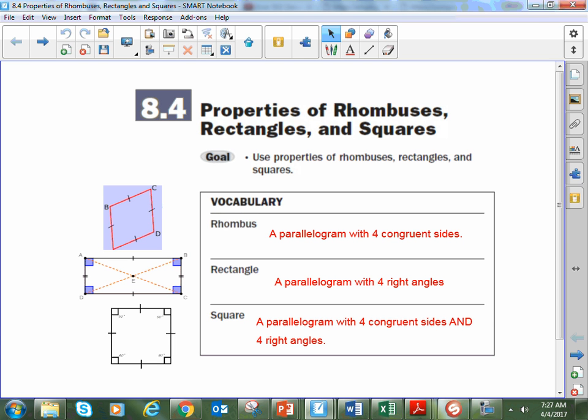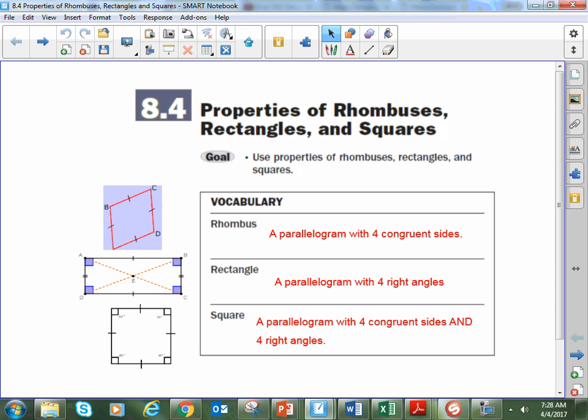The definitions: a rhombus is simply a parallelogram that has four congruent sides. So it is a parallelogram, therefore it has all of the characteristics that a parallelogram does. But now its first defining characteristic is that all four sides are the same.